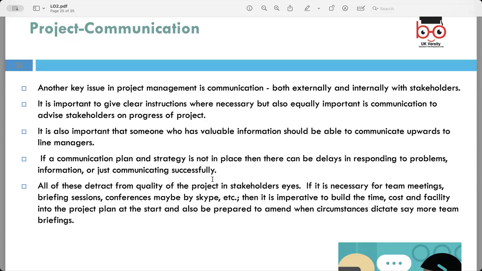It is also important to make sure communication flows both ways, not just top down from project leads, but also upwards from team members who may have valuable insights or notice problems early. So, basically, a solid communications plan avoids confusion, delays, and mistakes. So, if your project requires meetings, briefings, or even online sessions like Zoom or Skype, plan for them from the beginning, and include time, cost, and logistics in your project proposal.